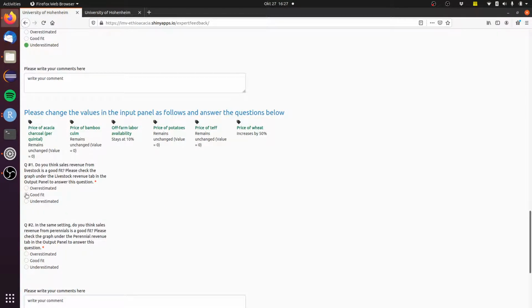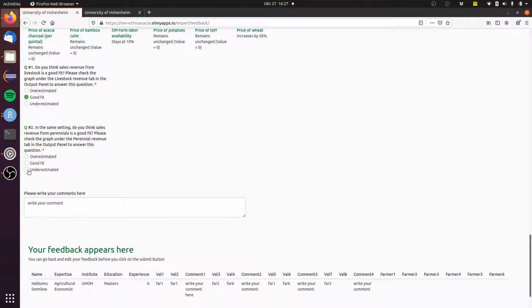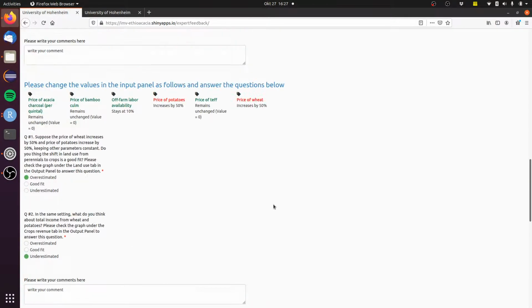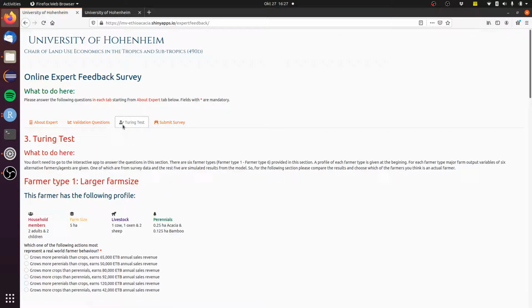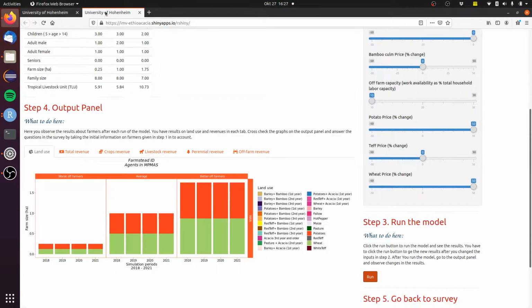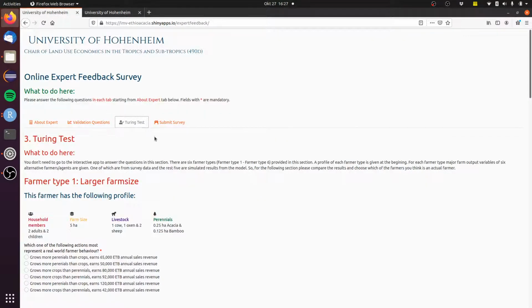And so after you fill in and answer all the questions, you can also see all the questions that until this point have been answered. So now you finish this tab, and the next tab that you are going to is the Turing test. For this tab, you don't need to go to the interactive model validation. So the use of the interactive model validation at this point is over.